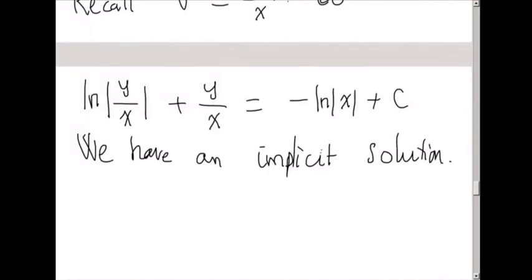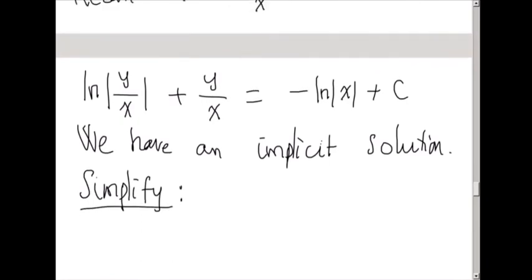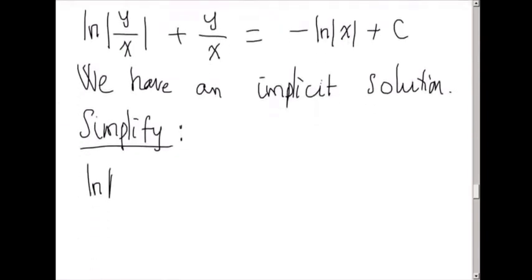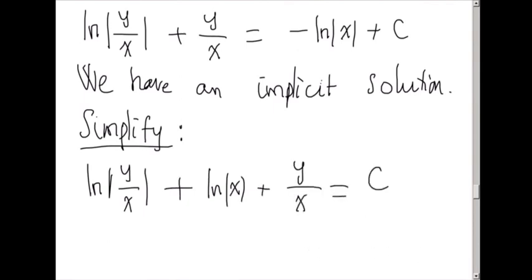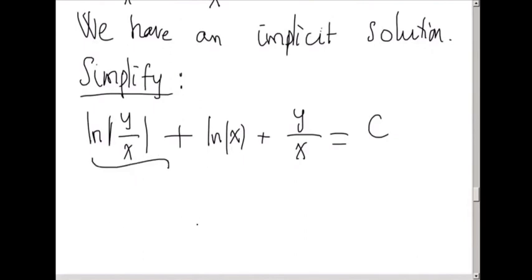It turns out that this solution can be simplified a little bit more. Because we have several logs together, we can simplify by moving the minus log of x to the other side. We have log of y over x, combined with log of x, plus y over x equal to c. And what is the rule for the sum of two natural logs? It's just the natural log of the product.